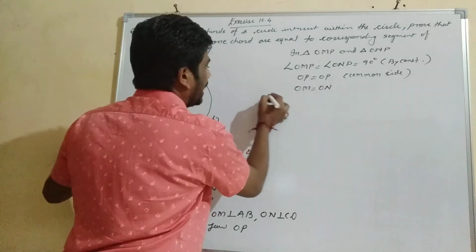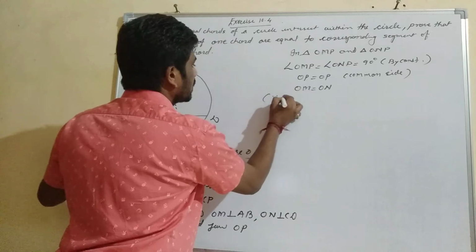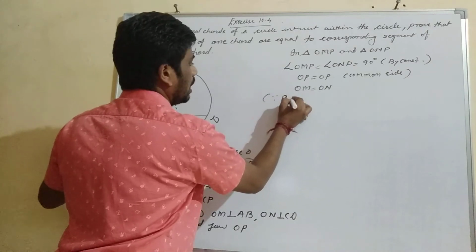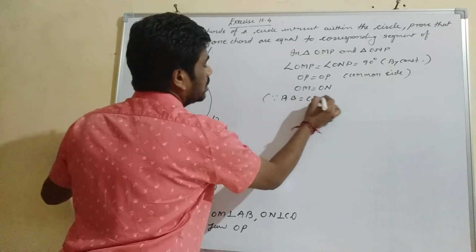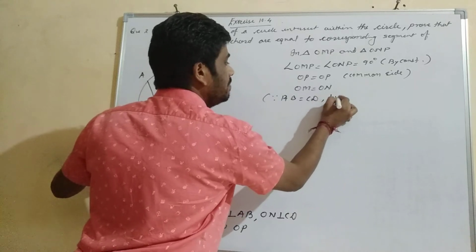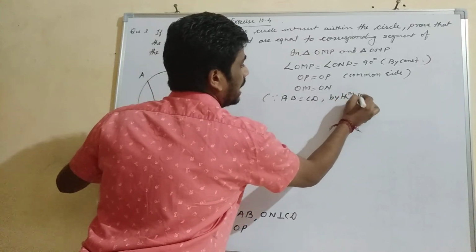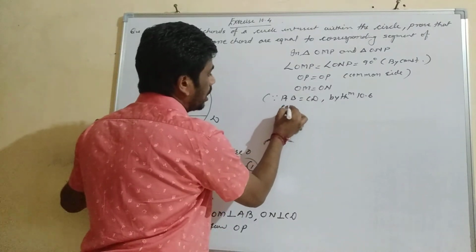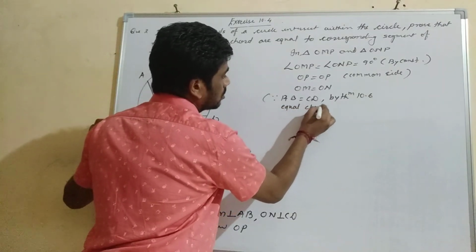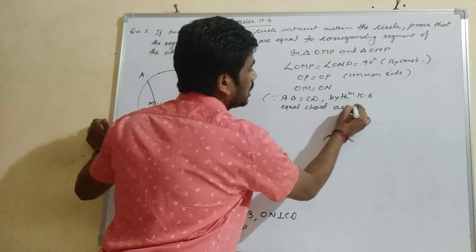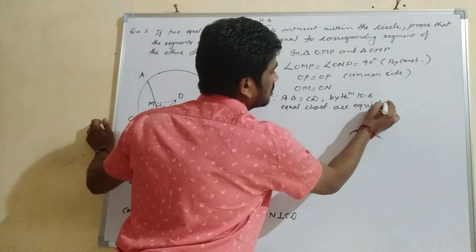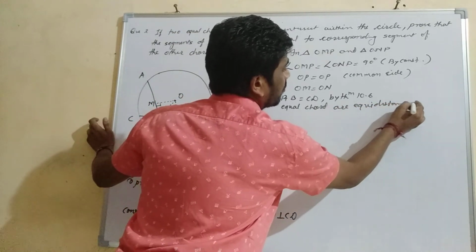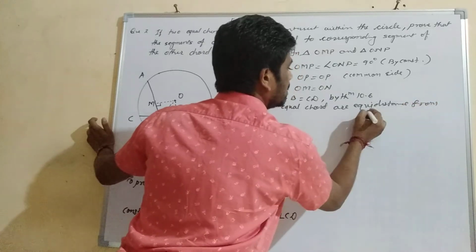So we can write here, since AB equal to CD, by theorem 10.6, equal chords are equidistant from the center.